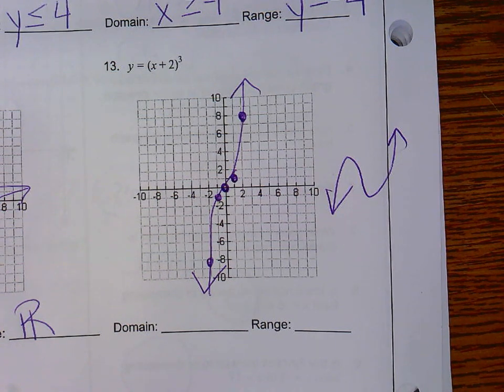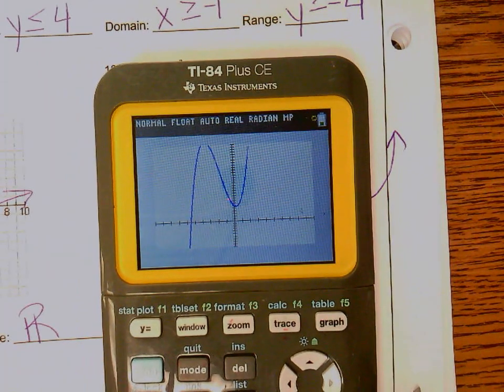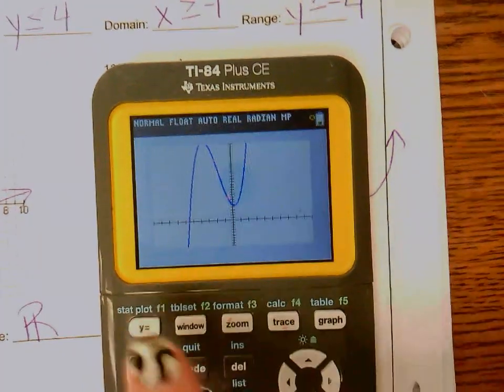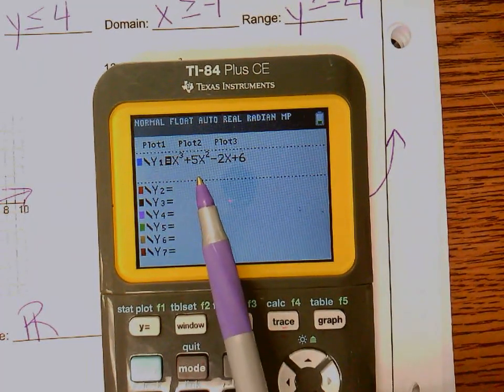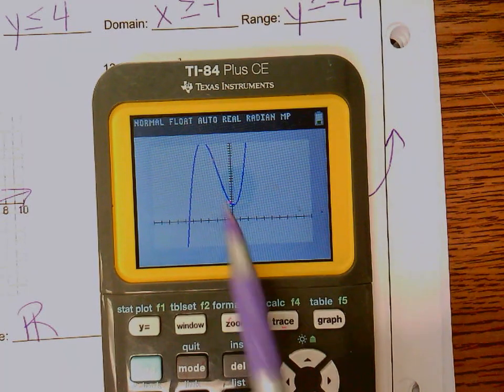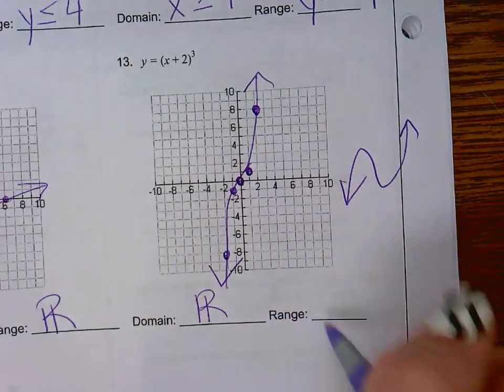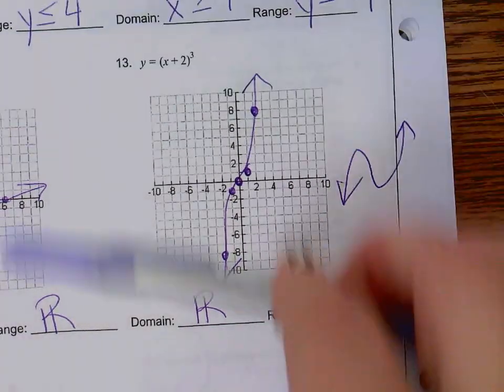So here's one. If I go to y max of 30. Here's a cubic function that I just kind of made up, but it just has things after the x cubed, like 5x squared minus 2x plus 6. All of those pieces are contributing to that curve. All right, domain and range is always all real numbers for a cubic function. I'm going up and down forever, side to side forever.